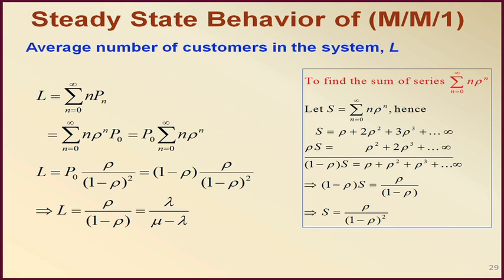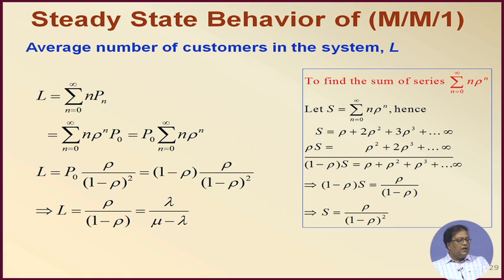Probability of 0 is p 0, probability of n is p n. So, since it is an expected number, it should be the sum of all of these, right. So, it is 0 p 0, 1 p 1, 2 p 2, 3 p 3, 4 p 4, and finally n p n. So, L equal to sum over n equal to 0 to infinity of n p n, right.